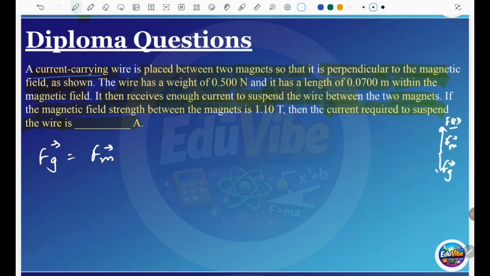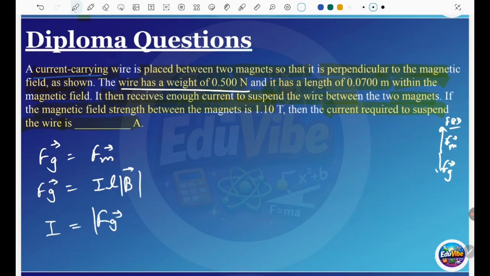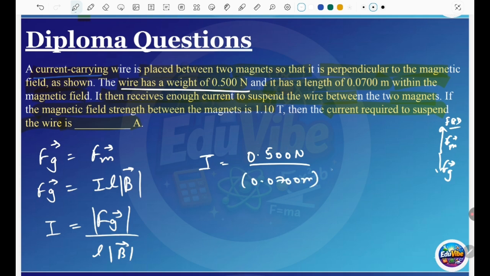Fg is directly given to us, which is 0.500 newtons, the wire's weight. We know that Fm is equal to I L B, so I is equal to Fg divided by L B. So I is equal to 0.500 newtons divided by the length 0.0700 meters times the magnetic field 1.10 Tesla.